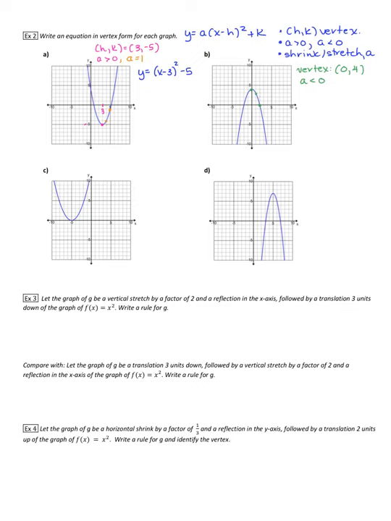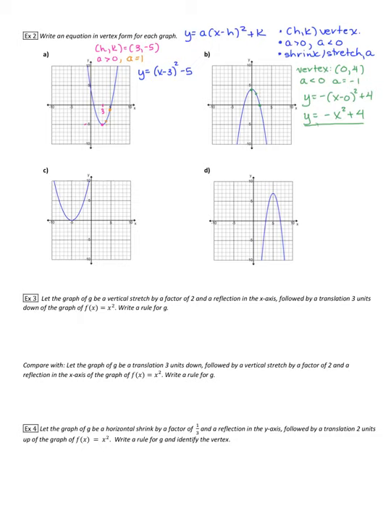It looks like this one, a is still going to be 1, so a is actually going to be a -1 in this case. So we have y equals negative (x minus 0) squared plus 4, which we can simplify into y equals negative x squared plus 4, since the 0 doesn't really need to be there in the parentheses, and that would be the equation for that graph.